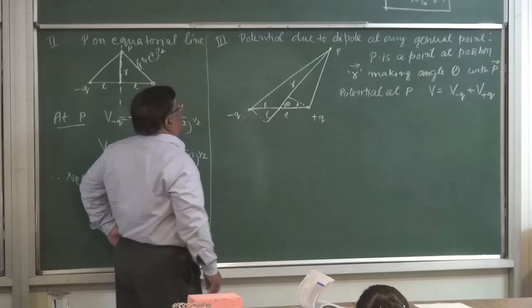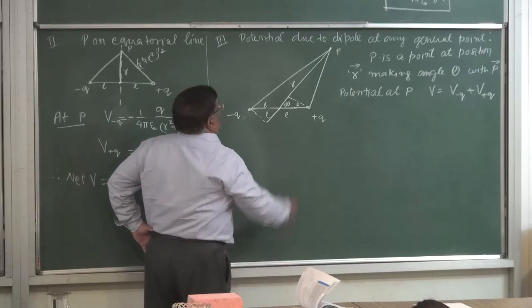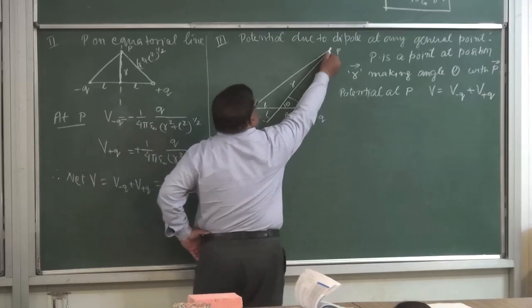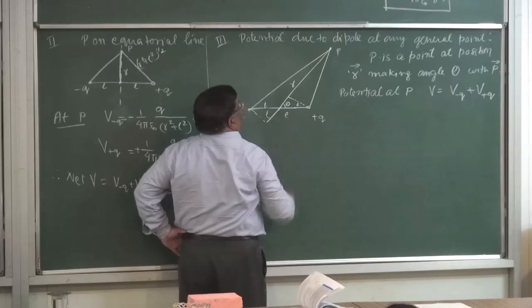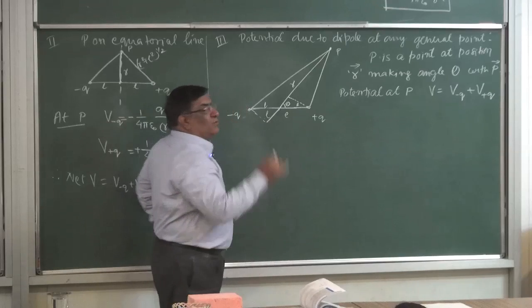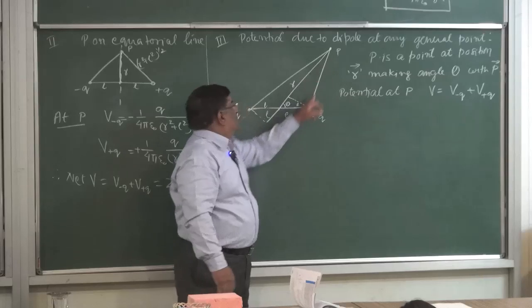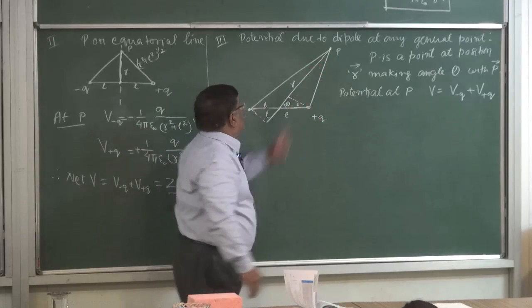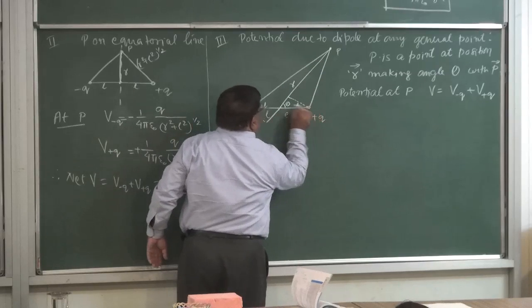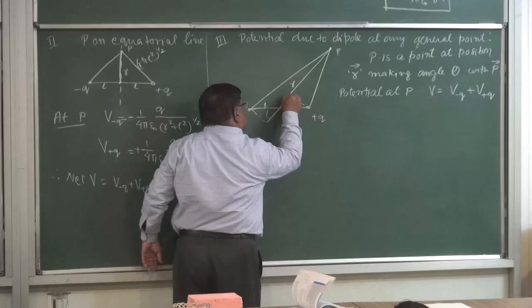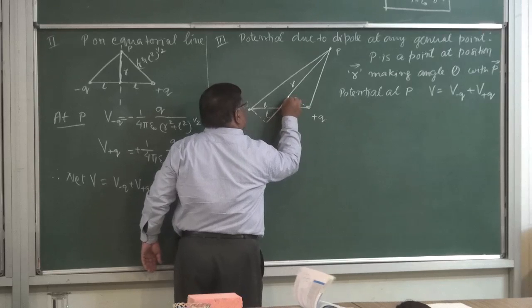Now, we want to find out this distance because we have to place it in Q upon R. This is the distance, how much is it? This distance is R, this distance is L, this is theta. How much is this distance? Can you tell me?